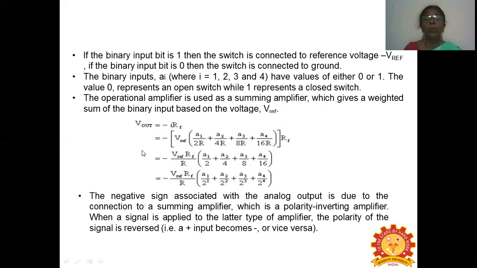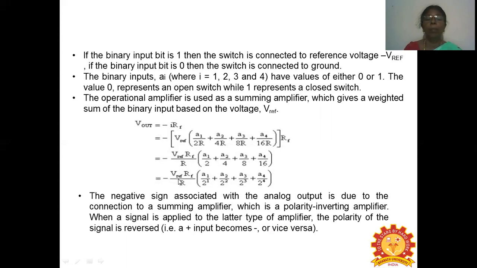Therefore V output is equal to minus V reference into RF divided by R into A1 by 2 plus A2 by 4 plus A3 by 8 plus A4 by 16.